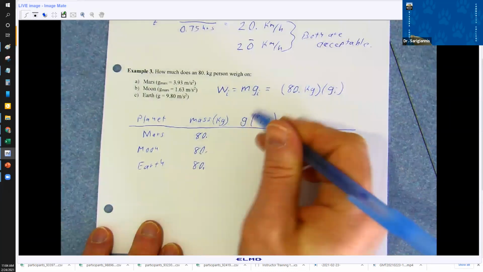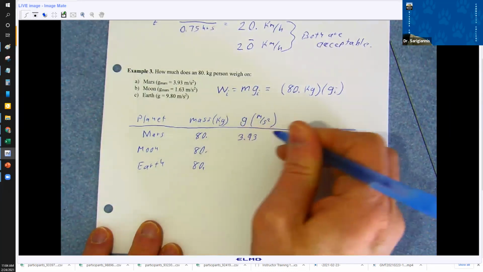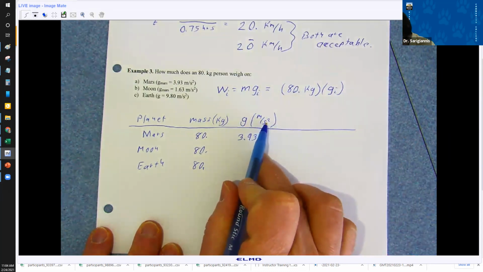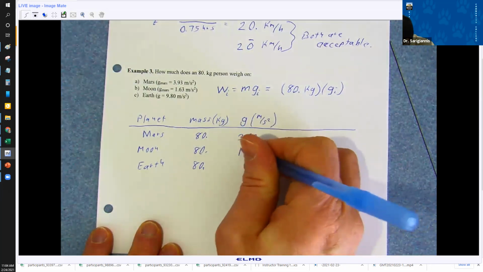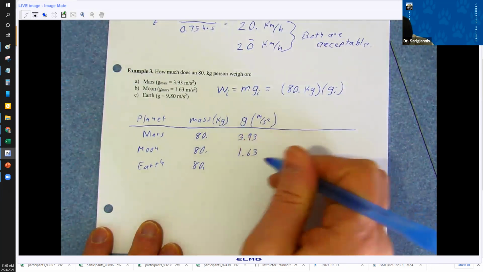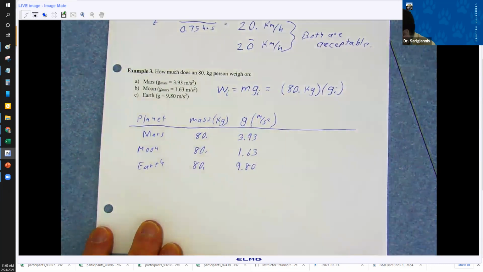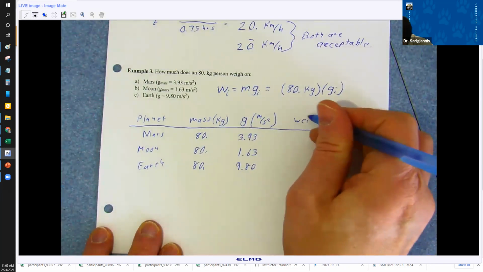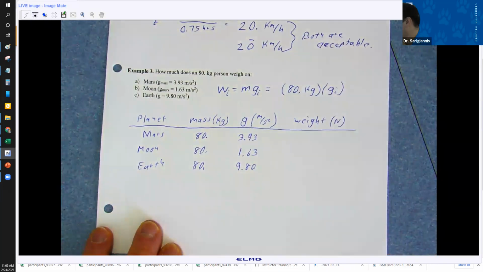On Mars, we've got 3.93. I'm just keeping the units up here at the top. It makes it just easier. We've got 1.63 on the moon, and for Earth, we're using 9.80. And so the weight is in newtons.